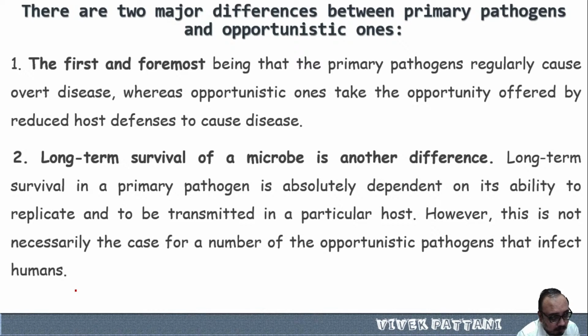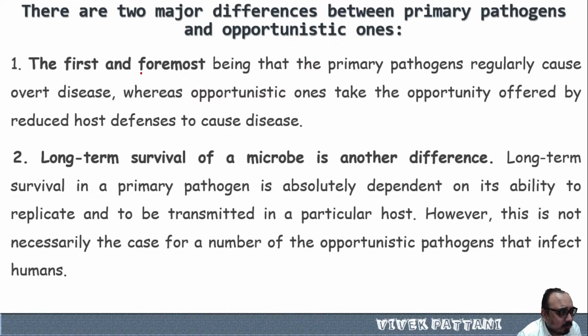Now come the opportunistic pathogens, which include Escherichia coli. It is not going to cause a disease in regular conditions. It is an opportunistic pathogen. Another example is often Candida. It will only cause a disease when there is a change in the normal microbiota.